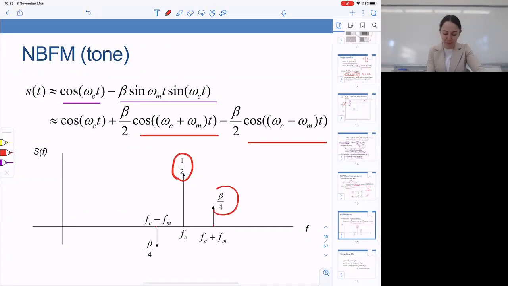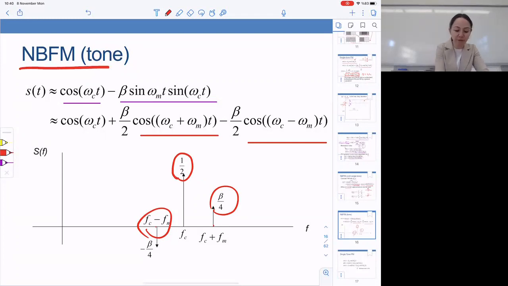And this is the double sideband, except there is some difference in the spectrum, but essentially it's in the same family. So this is an AM signal, a conventional AM signal.